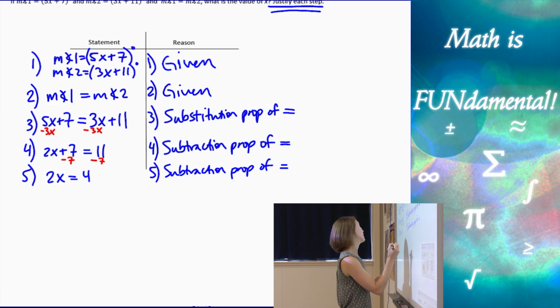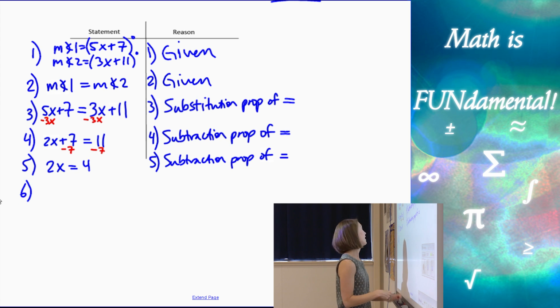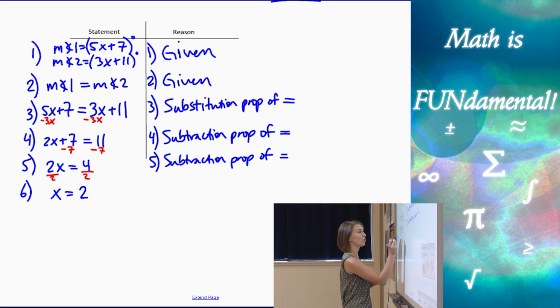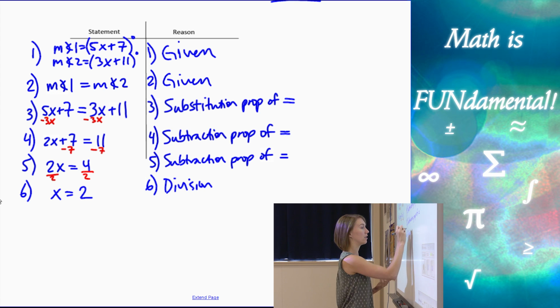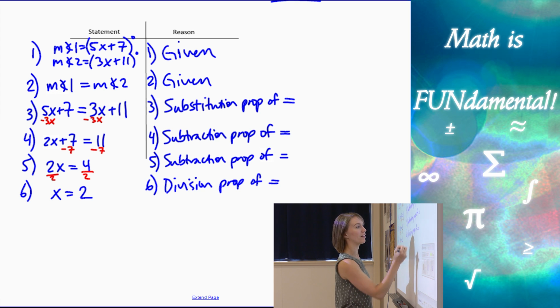property of equality. And my last step, if I take and divide both sides by 2, I get that x equals 2. And again, I divided something from both sides, so that's going to be my division property of equality.